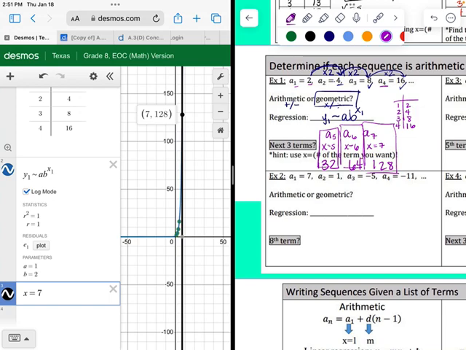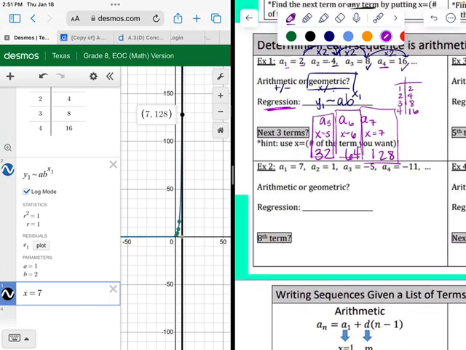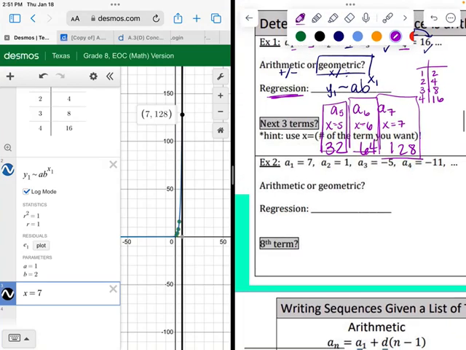Now it's not always going to be this regression, right? So if I look at example 2, from 7 to 1, and then from 1 to -5, I'd have to do something like -6. Yes, 1 minus 6 is -5, and then -5 minus 6, yes, that's -11.